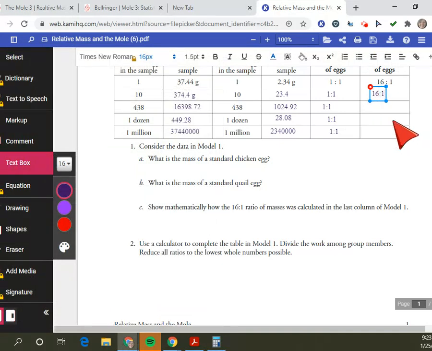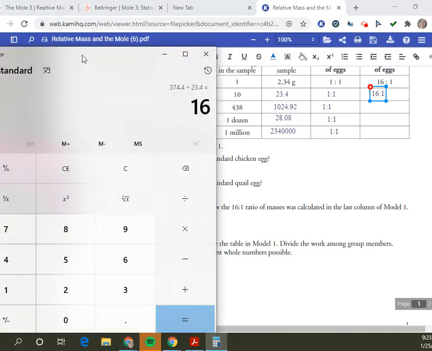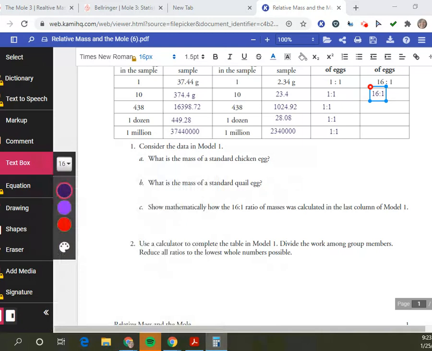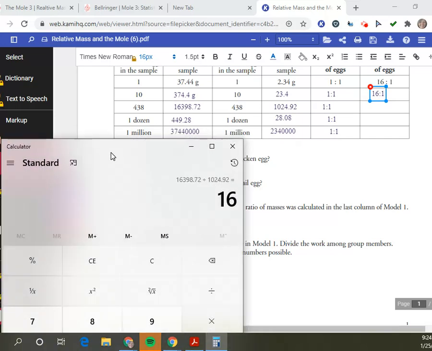What do you predict it's going to be when we do 16,398.72 divided by 1,024.92? What's your prediction? Well, let's find out. 16,398.72 divided by 1,024.92 equals, well, look at that.